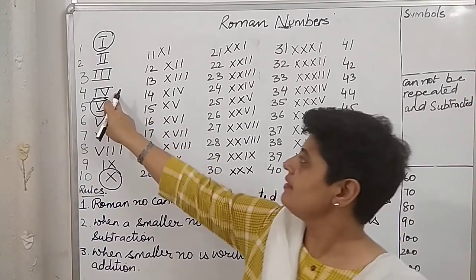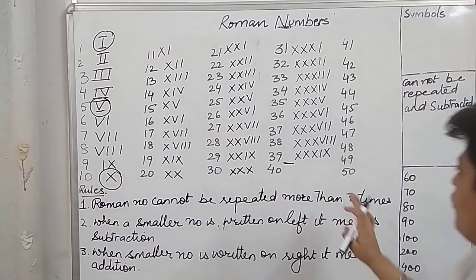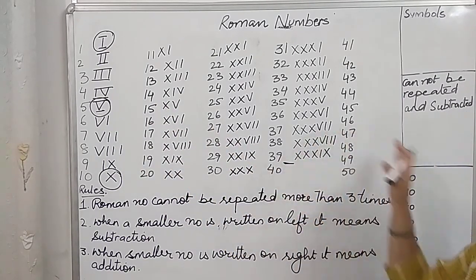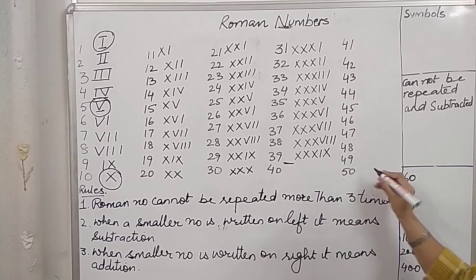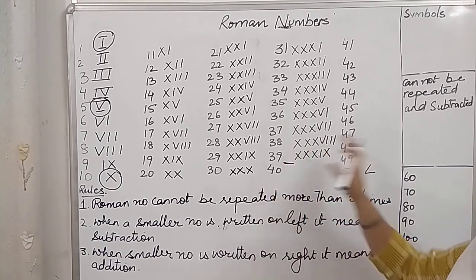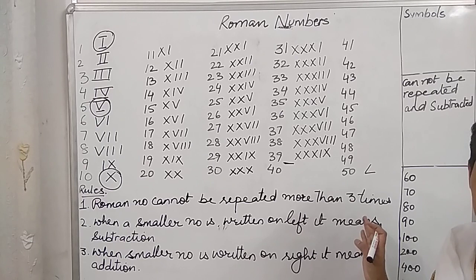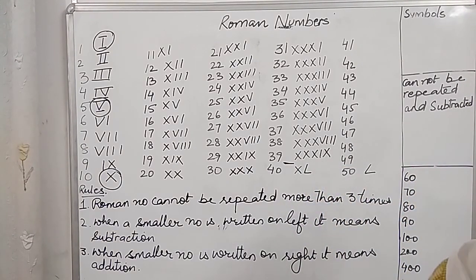Now, 4 is dependent on 5. Similarly, 40 is also dependent on 50. Here, we look for another symbol for 50, which is L, and we will write 40 in terms of 50. Now, how much minus 50 gives 40? 10. So, simply 10 has to be written on the left of L to make it 40.